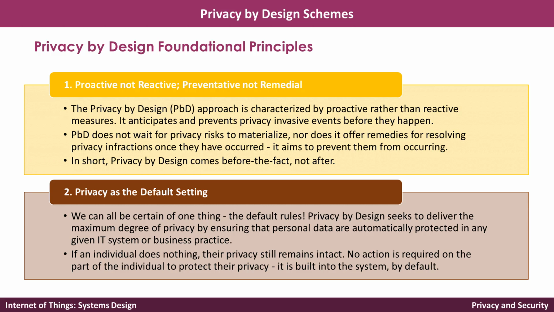The next one is privacy as a default setting. You have seen some configuration panels in previous sections related to activity tracker devices. When you are allowing them to set something, you should set everything to the least privacy risk options.